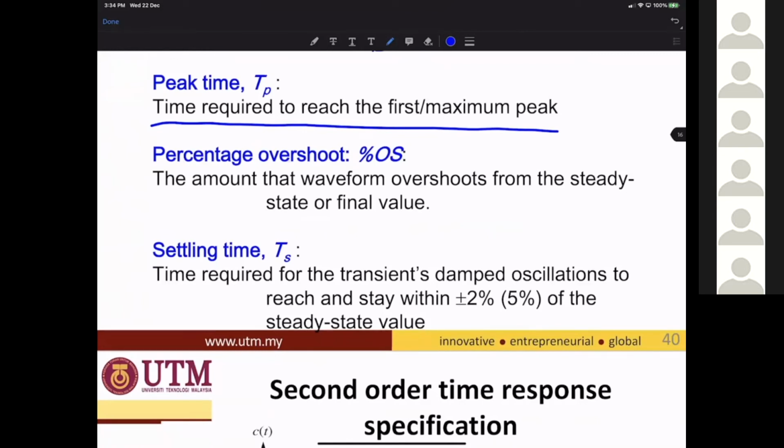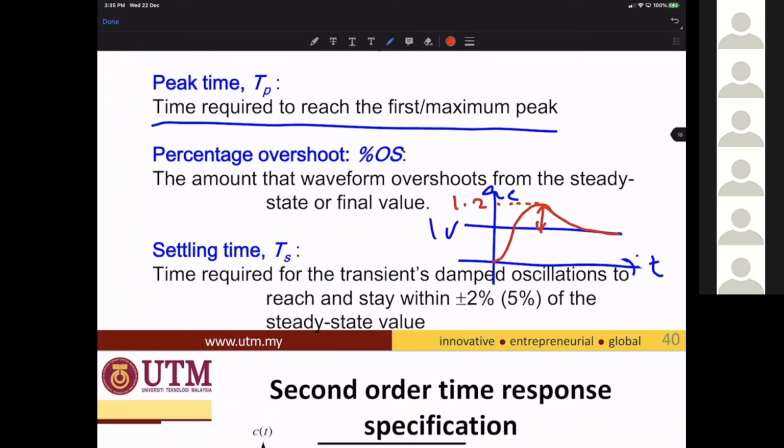Okay. For example, the response looks like this. This one is 1.2. And what is the overshoot here?